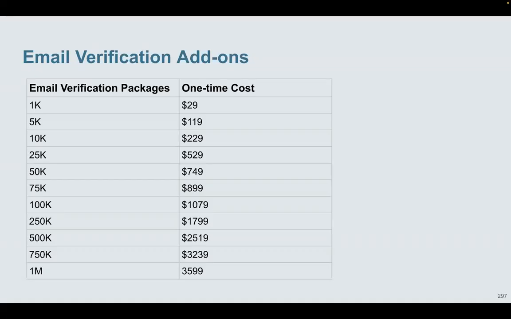So these are all, again, one-time costs, and the email verification credits do not expire as long as you keep the MassMailer subscription. And obviously, if you end the contract, then these credits would expire. So there's no refund policy for credits. Once you buy them, you just use them.